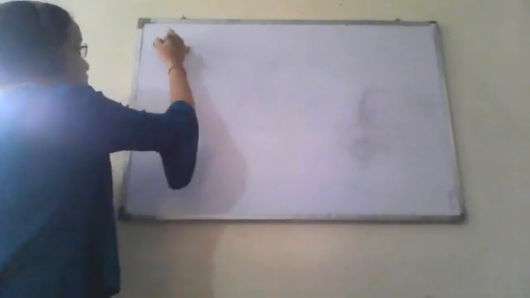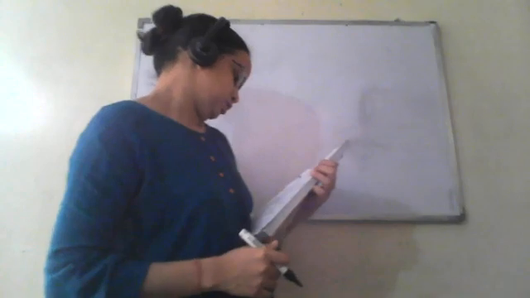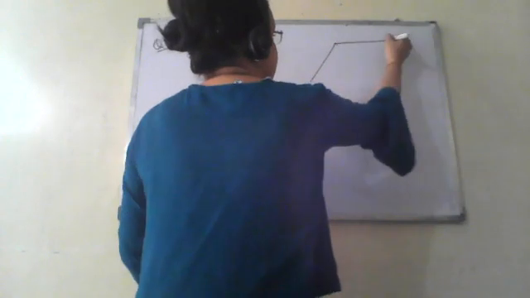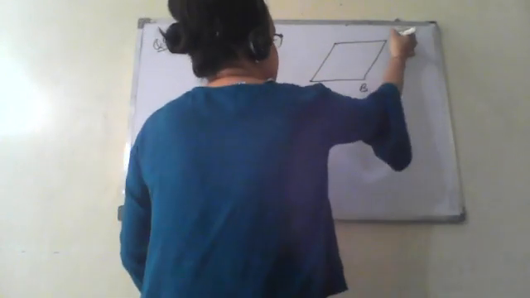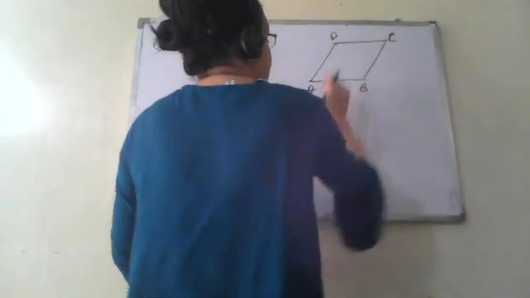Now question number 5. Question 5 says the measure of two adjacent angles of a parallelogram are in the ratio 3:2. Find the measure of each of the angles of the parallelogram. So this is a parallelogram ABCD.